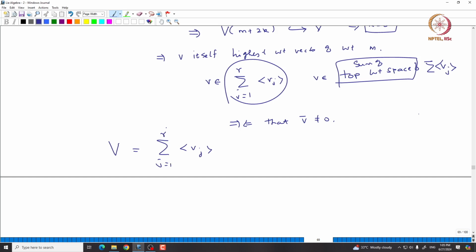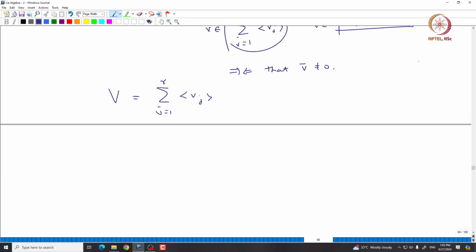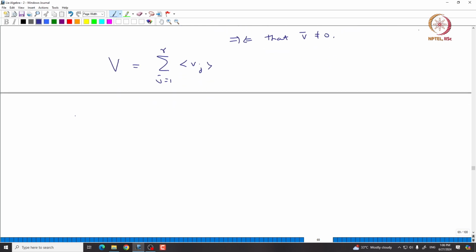So, now let us prove that it is indeed a direct sum. For that purpose, take some non-zero vector w inside the intersection of the submodule generated by Vj with the summation over k not equal to j of the submodules generated by Vk.